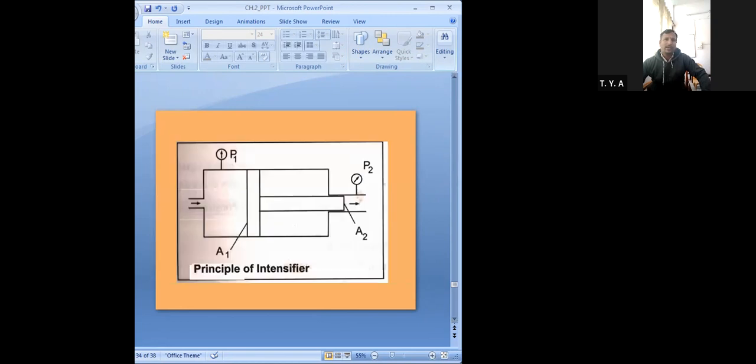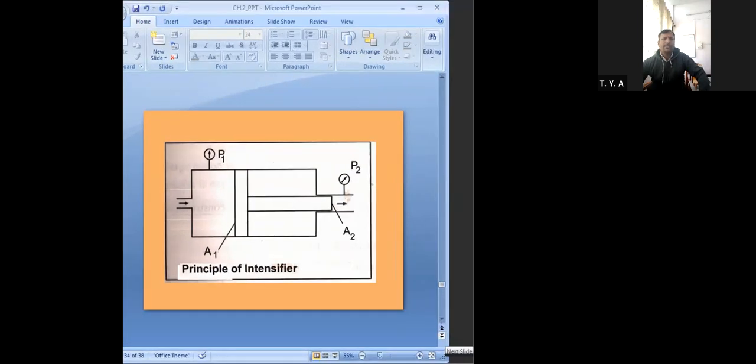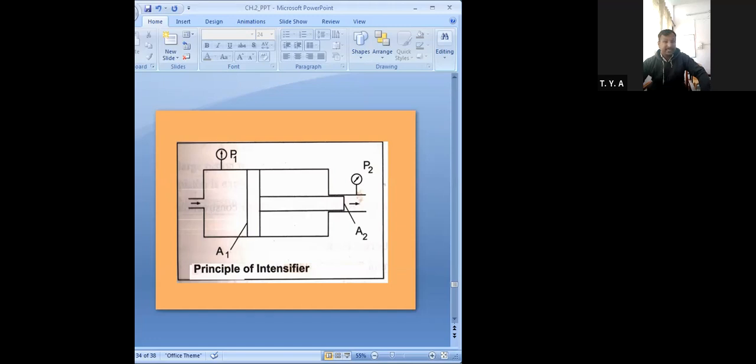And here we have another one. From this port you can take low pressure fluid, and from this port the high pressure fluid will exit. Here you can measure the pressure at the initial stage and the pressure at the outlet of the intensifier. So with the help of this figure also you can explain the principle of an intensifier.